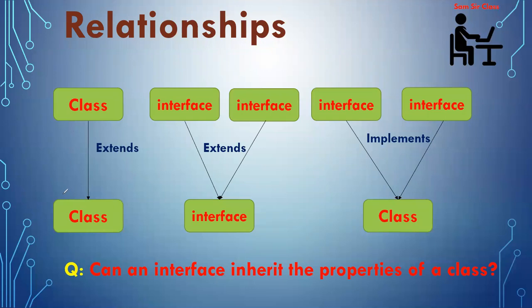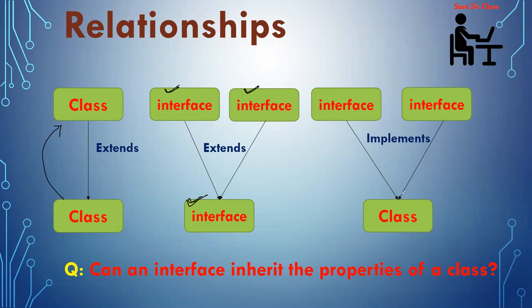So we have seen through the inheritance chapter that one class can inherit the properties of another class. Similarly, one interface can inherit the properties of another interface, and also one interface can inherit the properties of multiple interfaces. Clear?